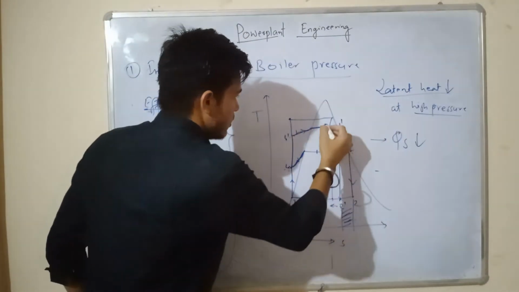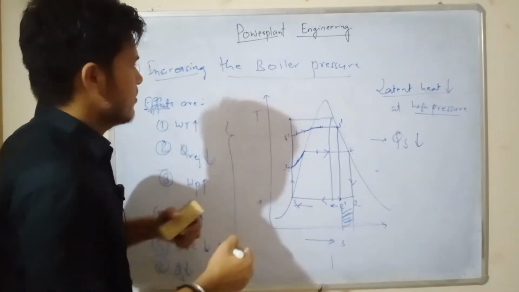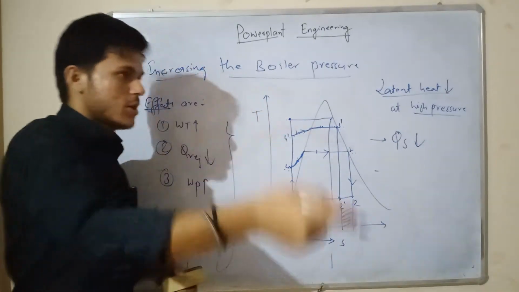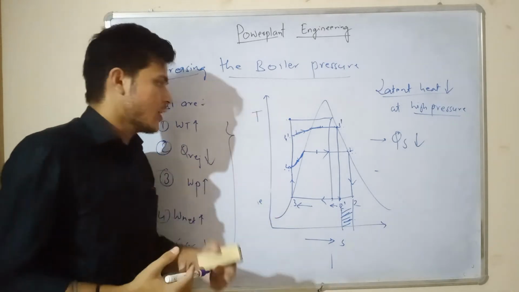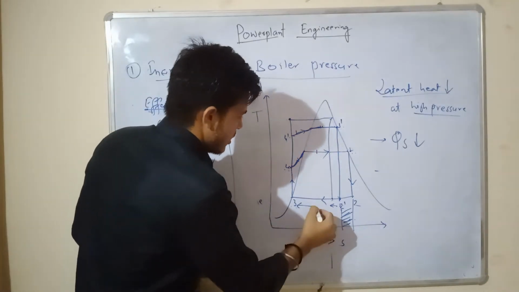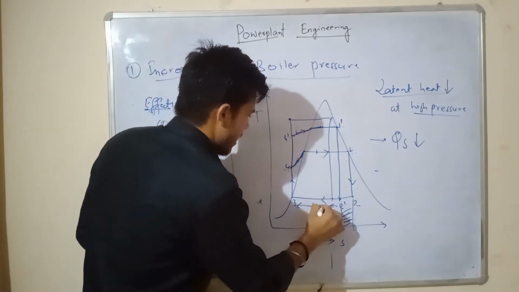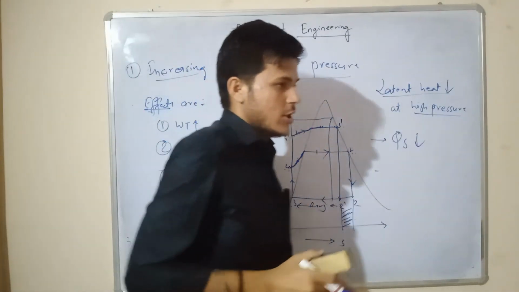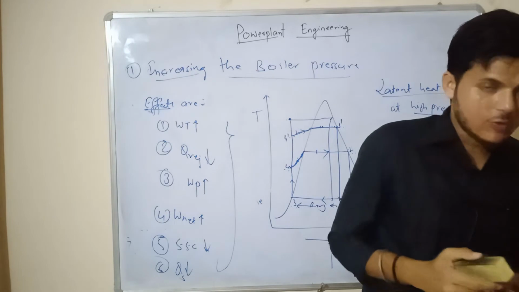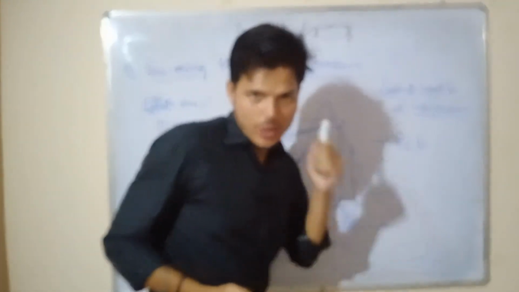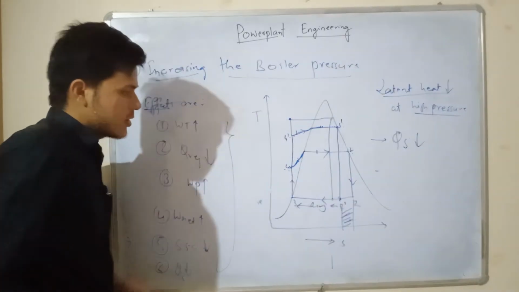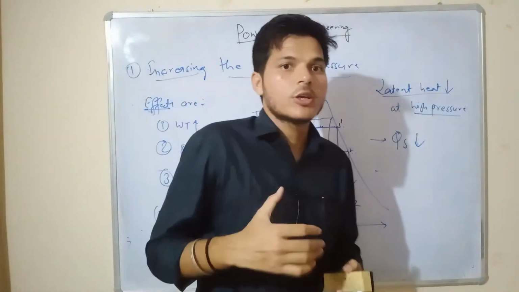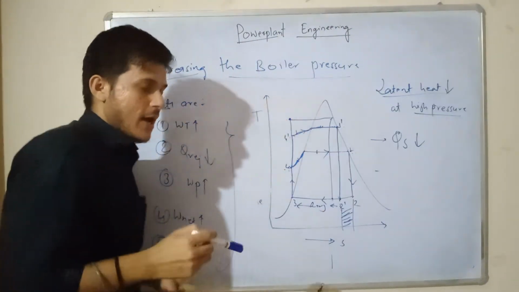If we increase the pressure beyond a certain limit, more liquid plus vapor is formed. The impact of liquid is more than that of vapor, so there is a chance of corrosion or erosion in the turbine blades.